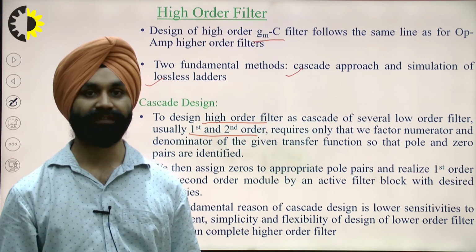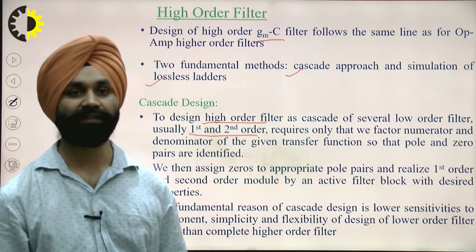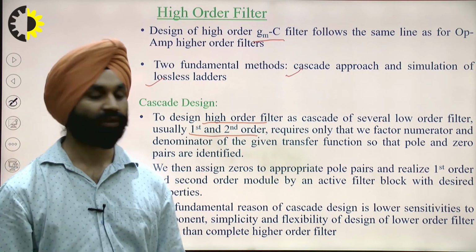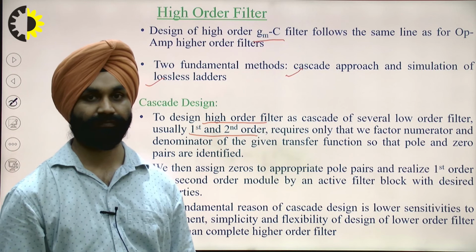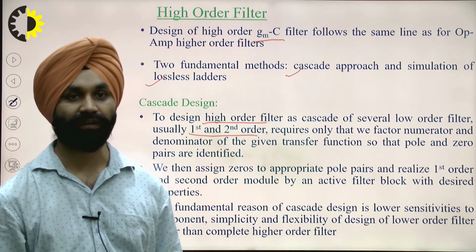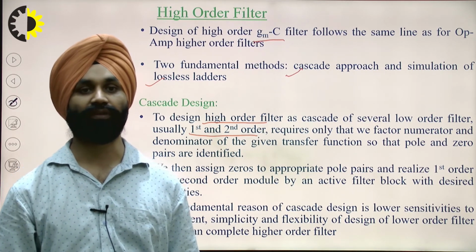Then we assign zeros to appropriate pole pairs, analyzing the first and the second order modules to create higher order active filters. When we have desired omega and Q, we can have the desired properties of the filter.